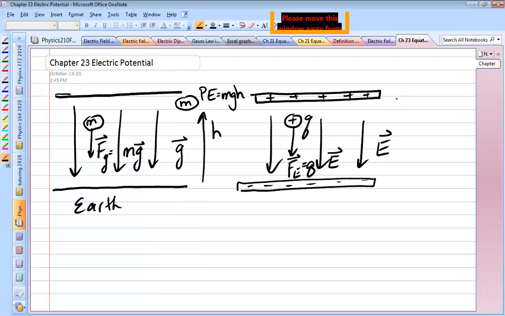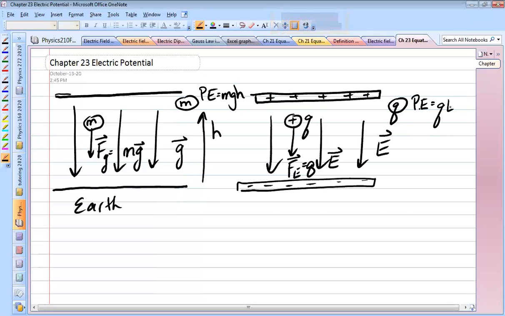If you have a charge up here, now your textbook uses U for electric potential energy, but I like to stick with PE because it's obvious, potential energy is equal to, instead of M, you have charge. Instead of gravitational field, you have electric field.